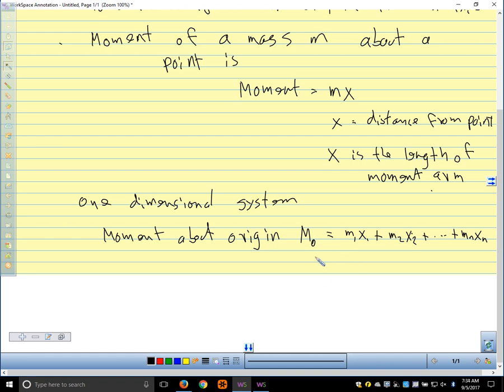And our point masses, m1, m2, m sub n, are located at the various x's.